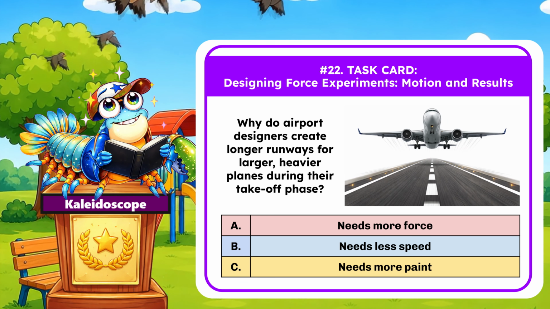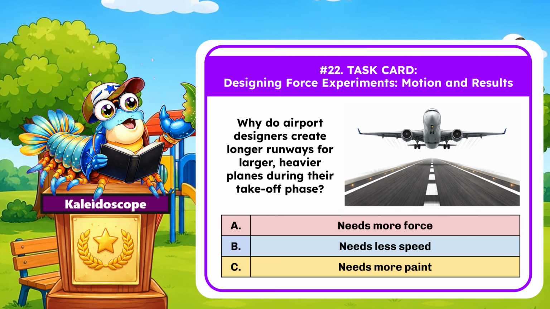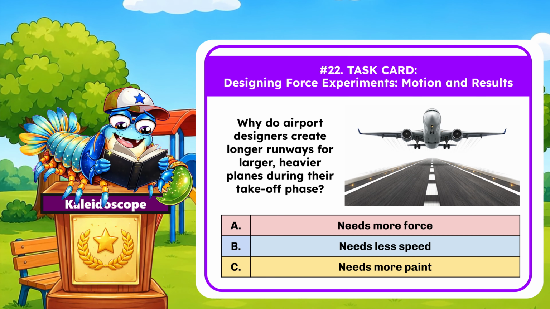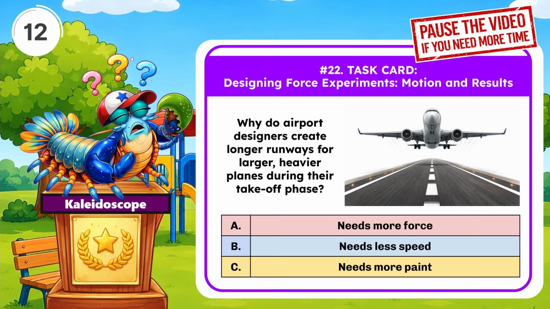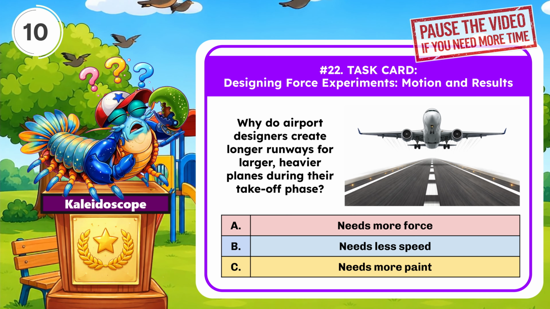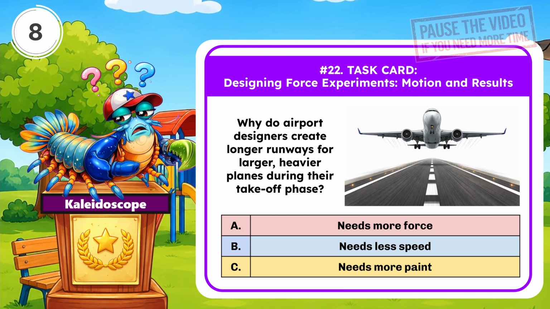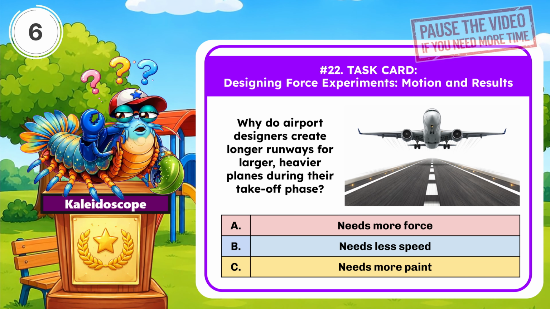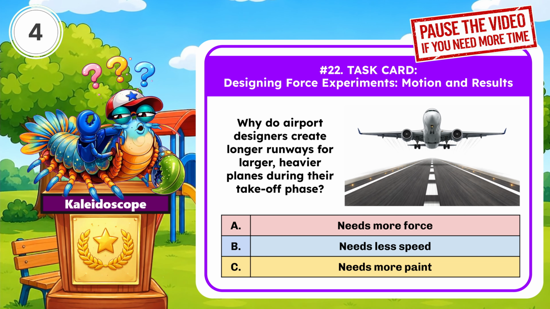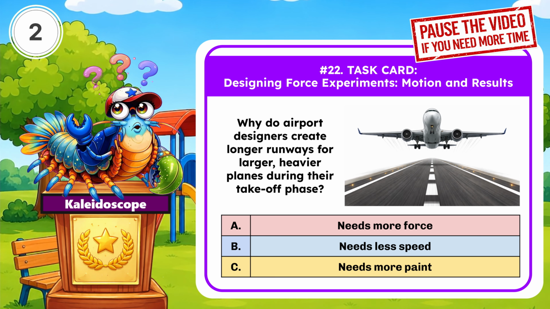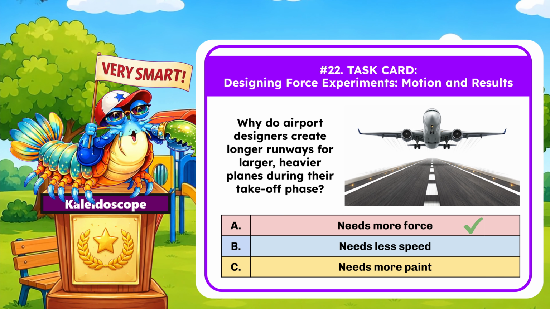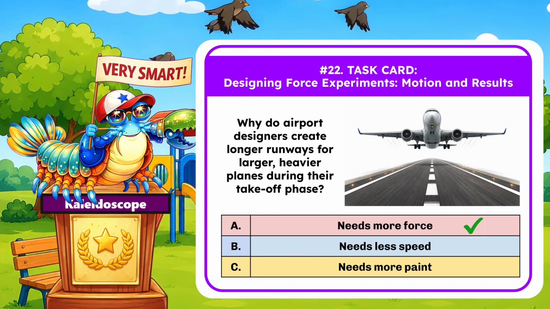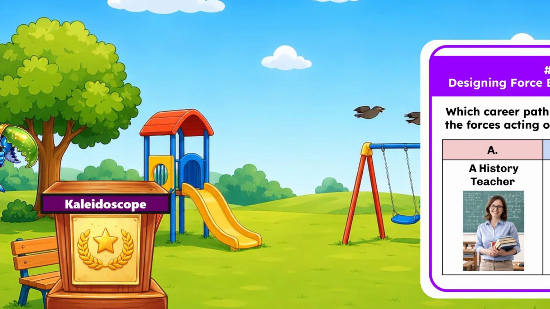Why do airport designers create longer runways for larger, heavier planes during their takeoff phase? And the correct answer is letter A, needs more force.